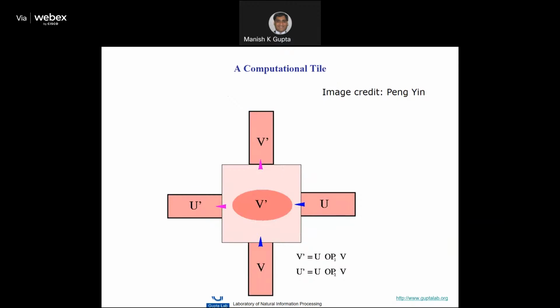So if I am given a pattern and have to find the tile set for it, I need to somehow find these functions so that I know the values U', V, U, and V'. Once I know these values, the role of the function stops here.